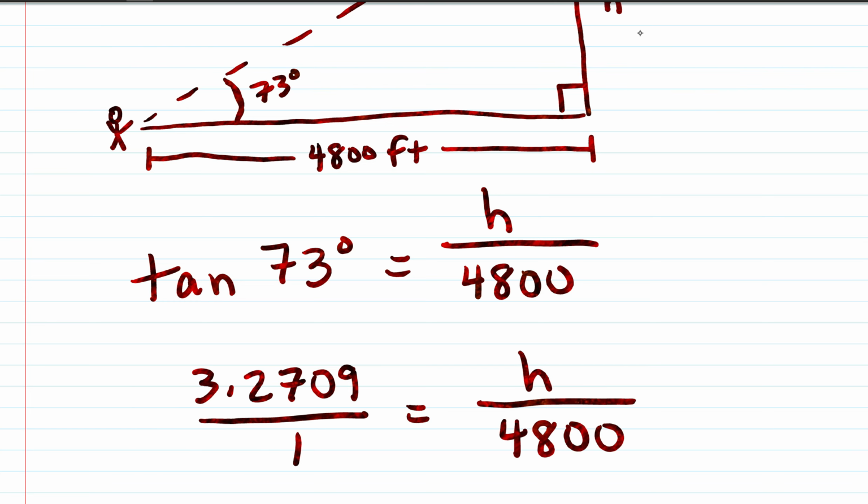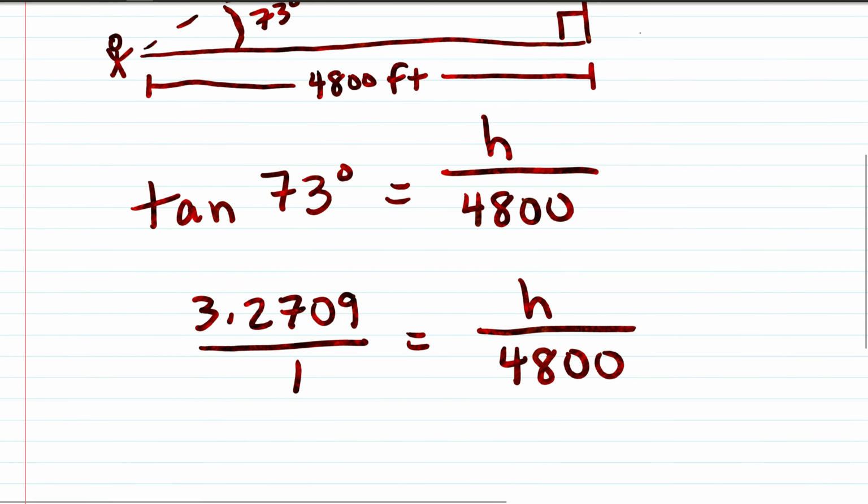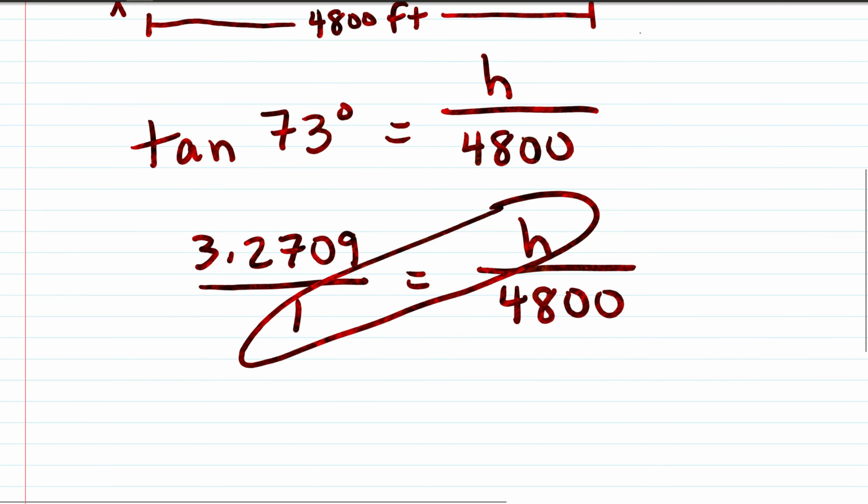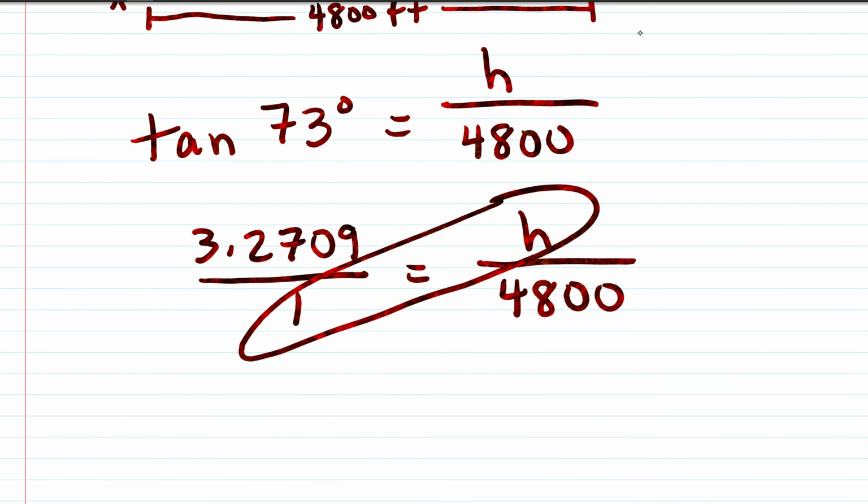Because now once it's over 1, that left side is a ratio equal to another ratio, which is a proportion. And you know that to solve a proportion, we can just cross multiply. So we cross multiply 1 times h, which is of course h, and 3.2709 times 4,800.